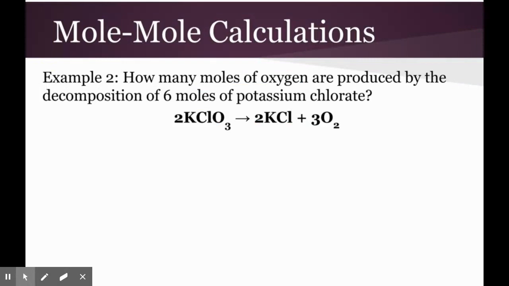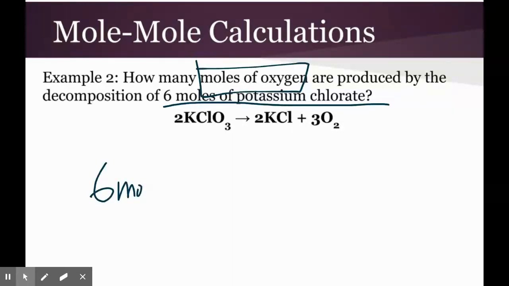Example number 2 says how many moles of oxygen are produced by the decomposition of 6 moles of potassium chlorate. 6 moles of potassium chlorate is our given information, and moles of oxygen is what we're looking for. So write your given information. Okay, and then we're going to use the mole ratio to go from moles of potassium chlorate to moles of oxygen.